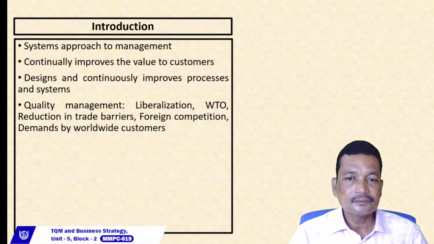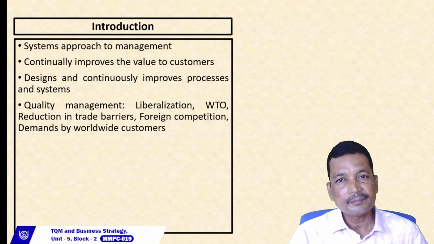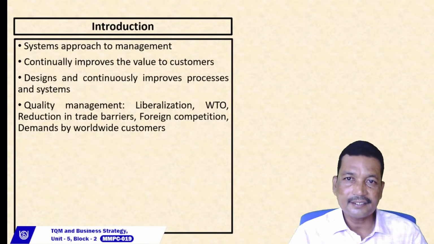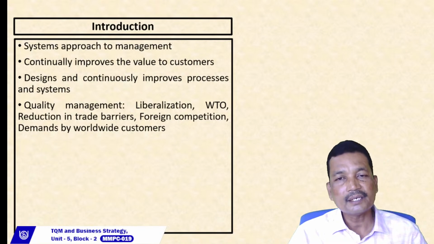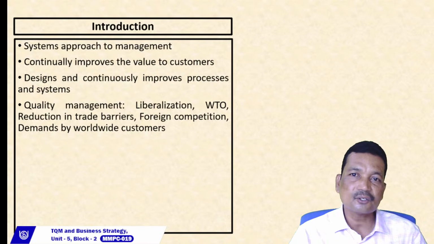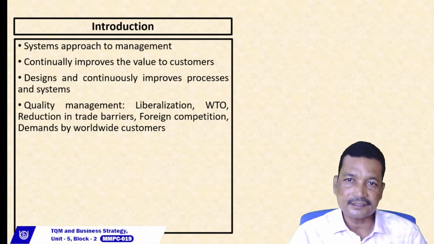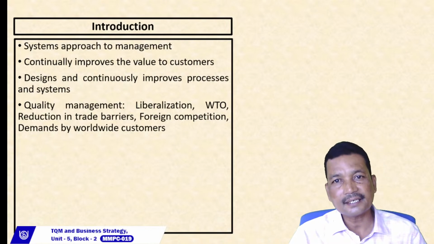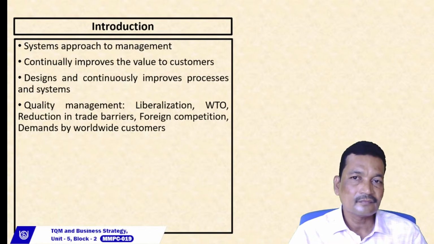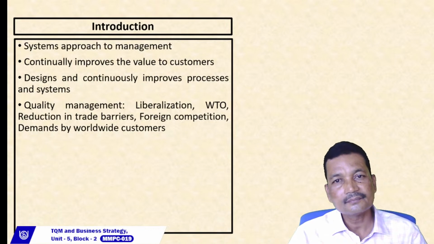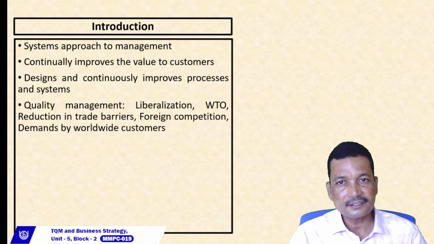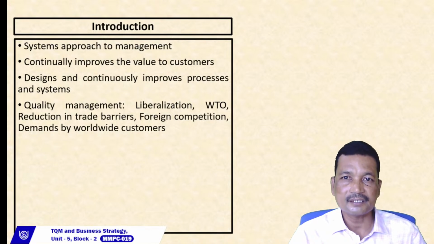In India, we might have heard or read, or many of us must have seen, we went into a certain phase called LPG during the 1990s, specifically 1991-92. L stands for liberalization, P for privatization, G for globalization.